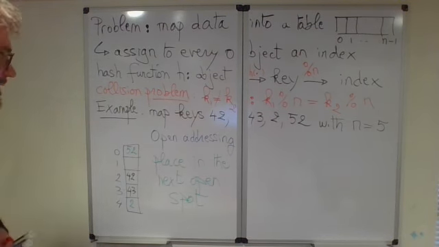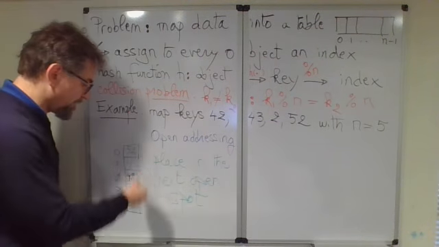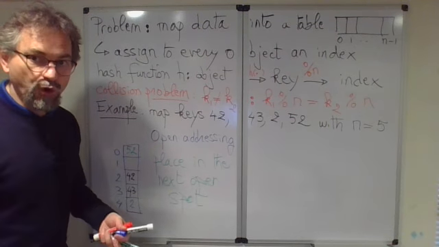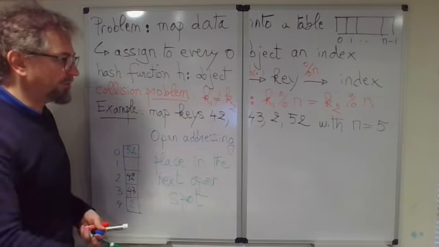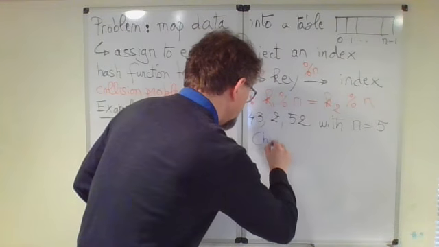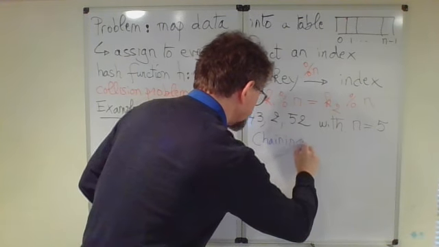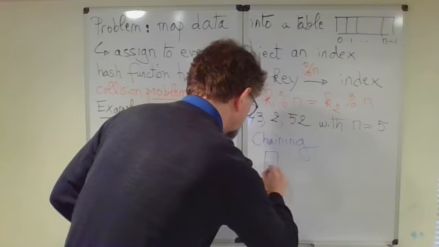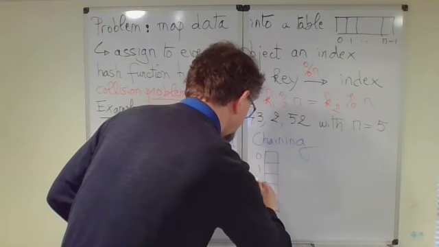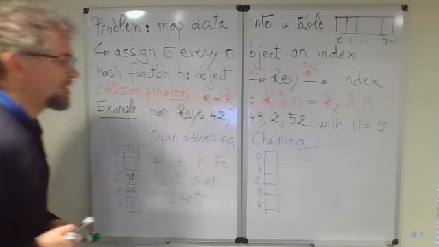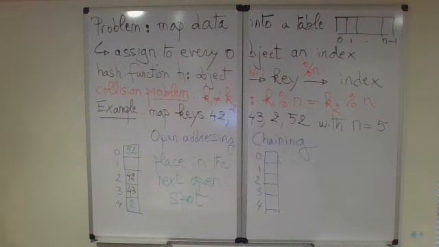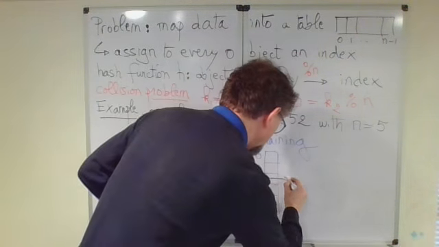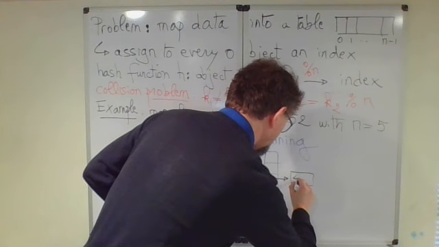That's one solution. The other solution is not to work with a table of numbers, but with a table of nodes that contain numbers. So that's the chaining approach. So in chaining, we have again a table of 5 entries, but now we have pointers to nodes. So when we deal with 42, we're going to create a new node, 42.